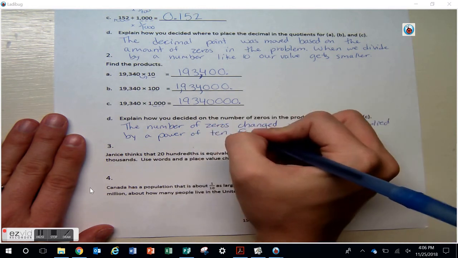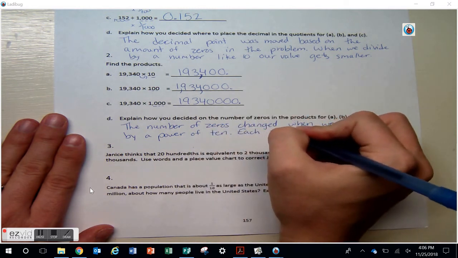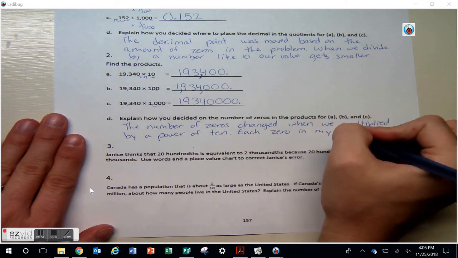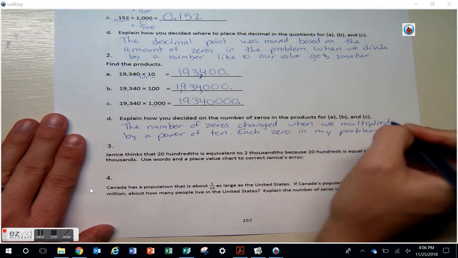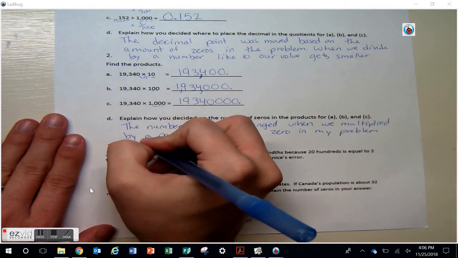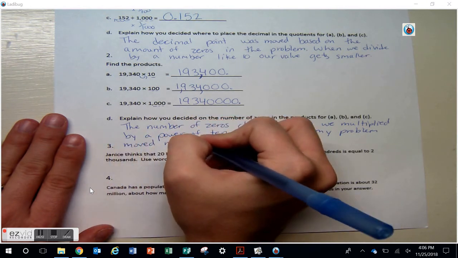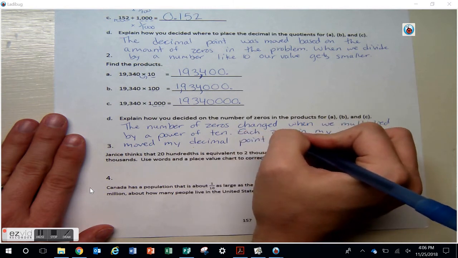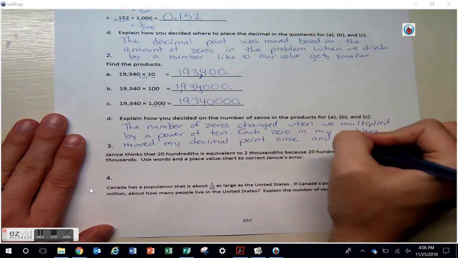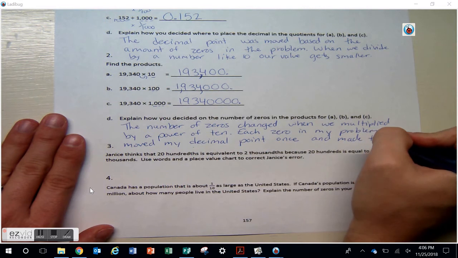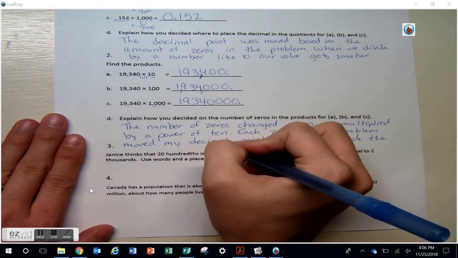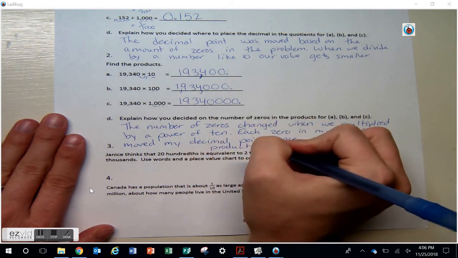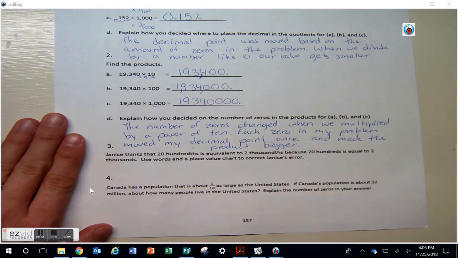Each zero in my problem moved my decimal point once and made the product bigger.